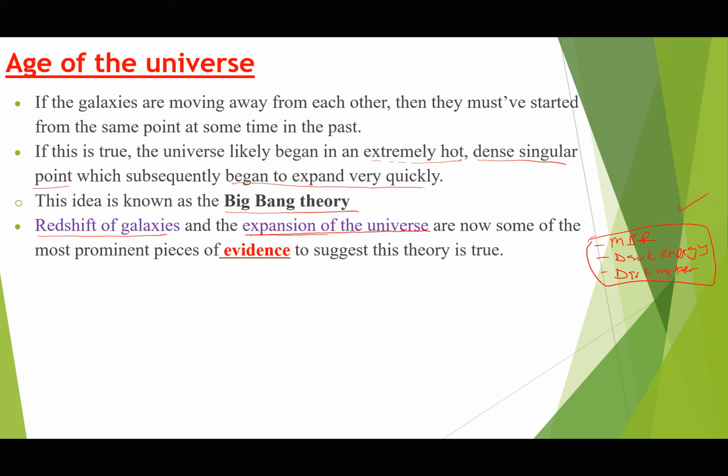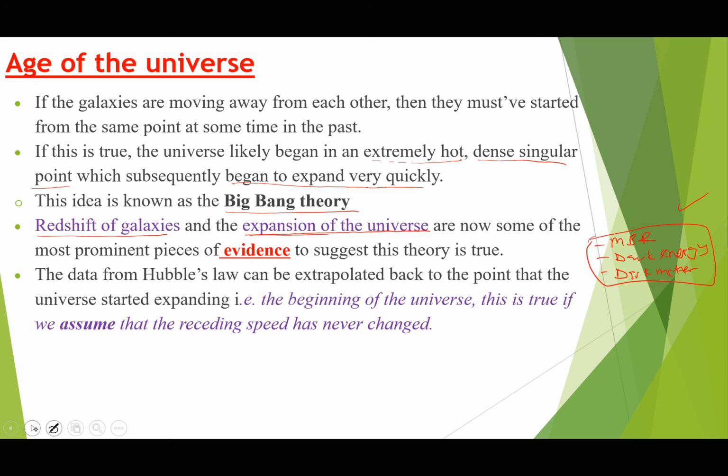But for those doing Cambridge, we shall not mention cosmic background radiation or the dark energy and dark matter. But the redshift and the expanding universe is evidence that the universe must have started from the same point and started expanding, which expansion is explained by the redshift in the wavelength of the spectral lines.